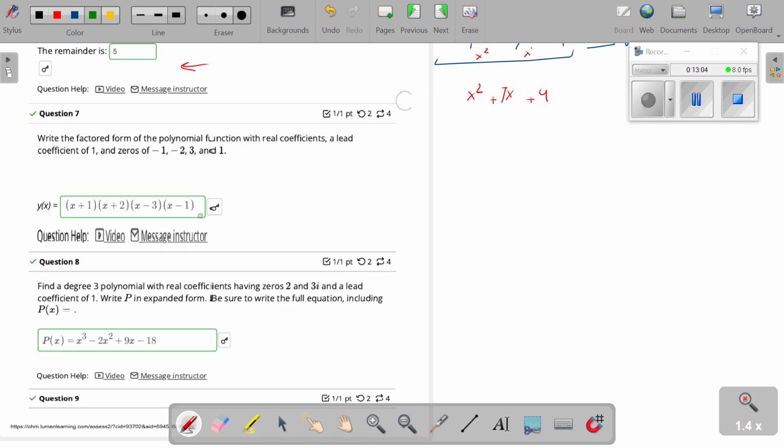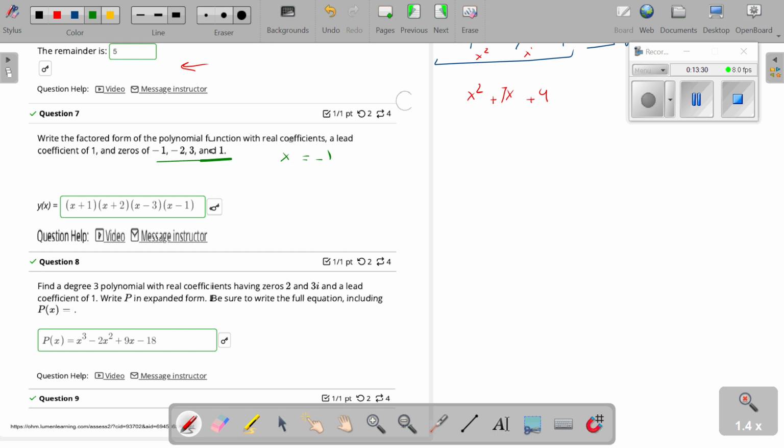Next question is asking us to find the factored form of the polynomial, which the zeros are given all here. So we have 1, 2, 3, and 4 zeros. So if one of the zeros is x minus 1, I'm sorry, I'm going to write that again. One of the zeros is x equals negative 1.